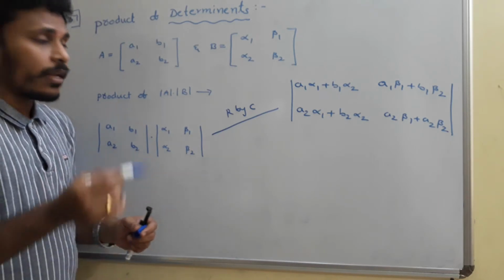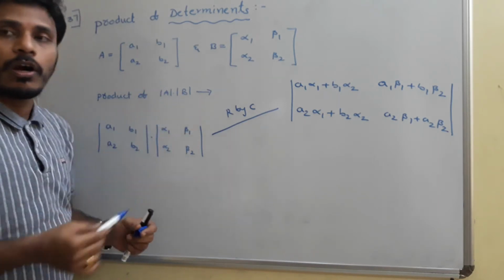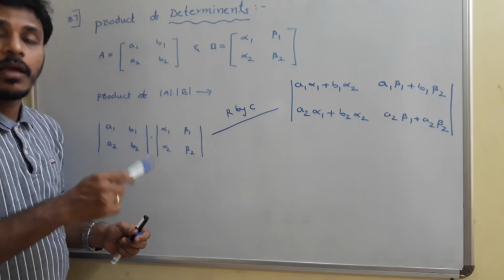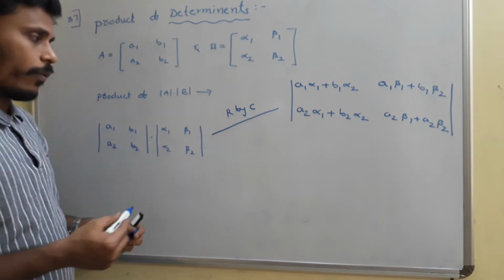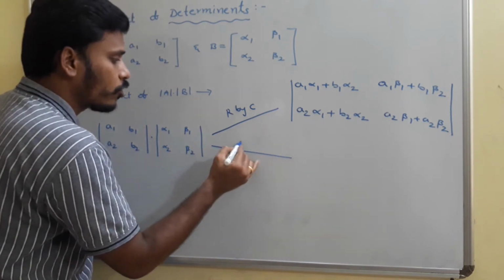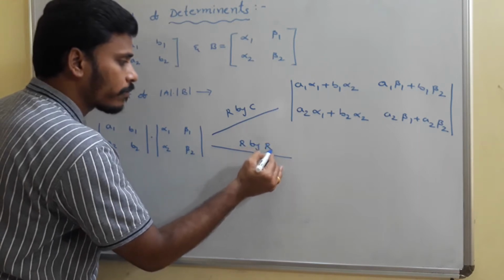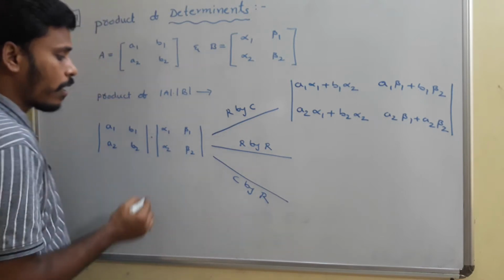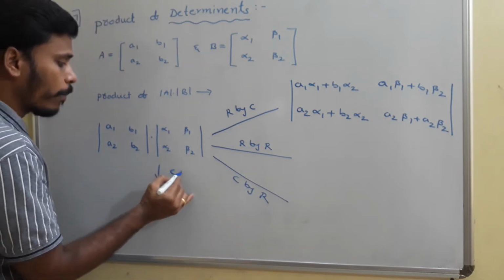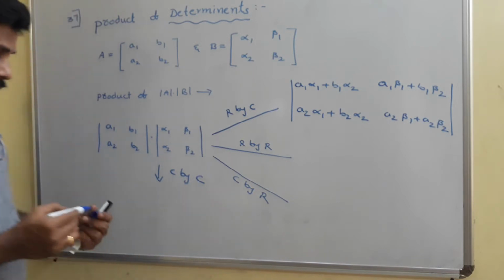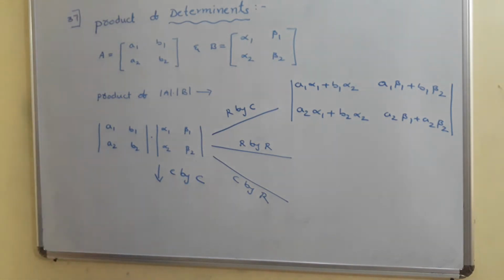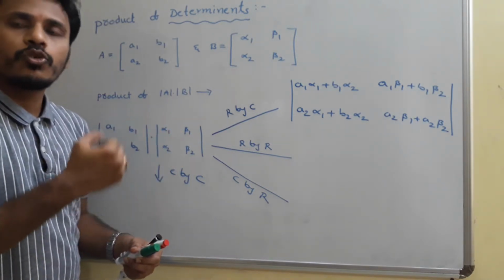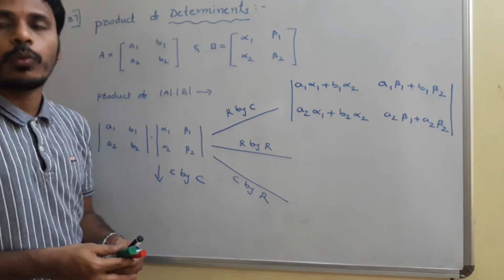In this case, the multiplication is possible not only row by column but in all possible different ways: row wise, column wise, and so on. Just think about what I am saying. While multiplying determinants you have four choices, and you can choose any one of them according to your problem.